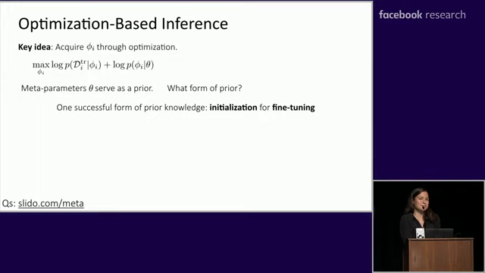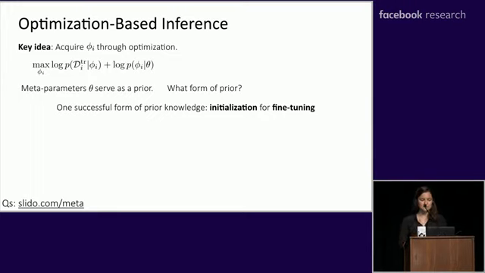Now, you might ask, what should the form of the prior be for our metaparameters? There are a lot of different things that we could do here, but one very successful form of prior knowledge that we've seen in deep learning, for example, is training from an initialization provided by another data set. In particular, if we train on things like ImageNet and then fine-tune that model on other data sets, we're able to capture a lot of the rich information and supervision that exists in the ImageNet data set and use it for new tasks.